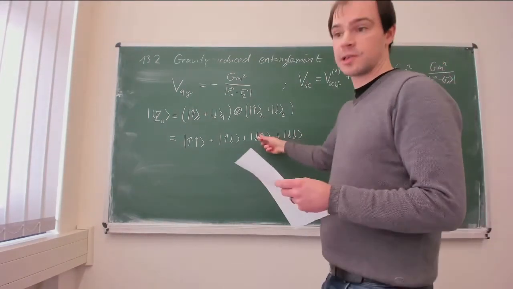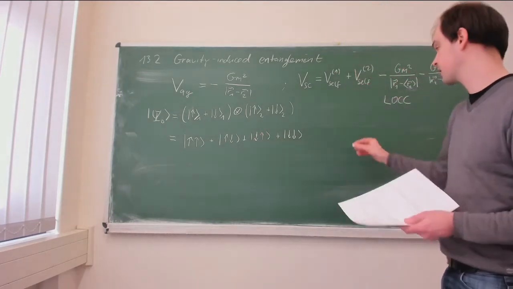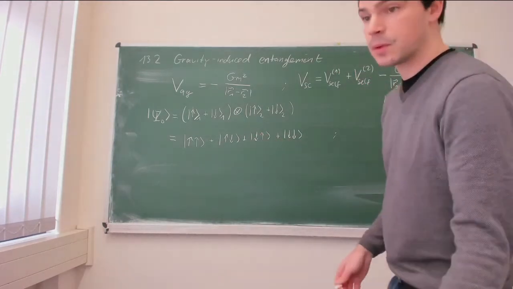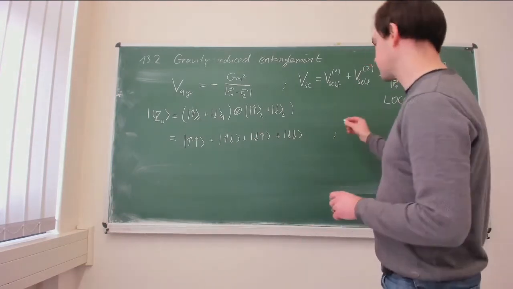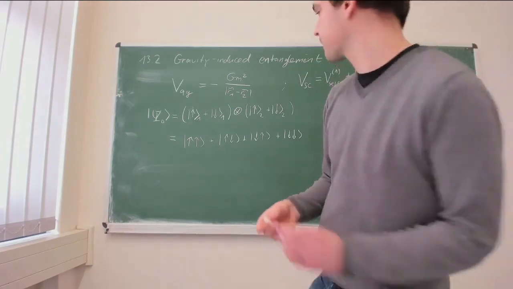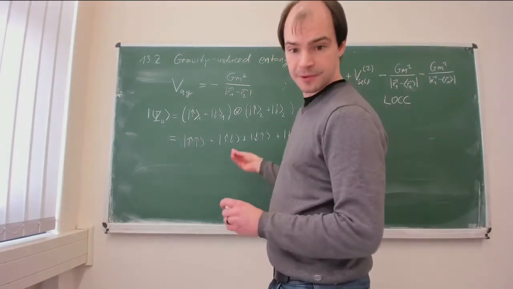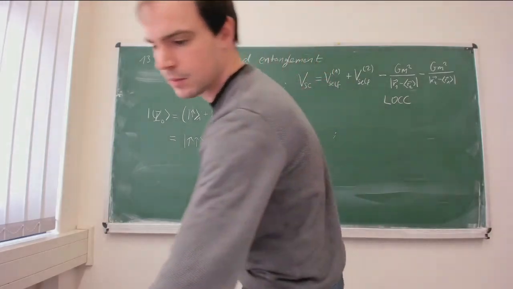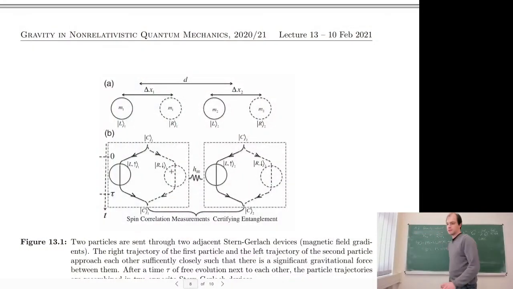So this is the initial state that I have, and now what happens is that, remember when we discussed the cow experiment, if we have those two parts of the wave function, so if we have particle 1 in the right spin down state and particle 2 in the spin up state, then they are close enough together to feel their gravitational interaction.